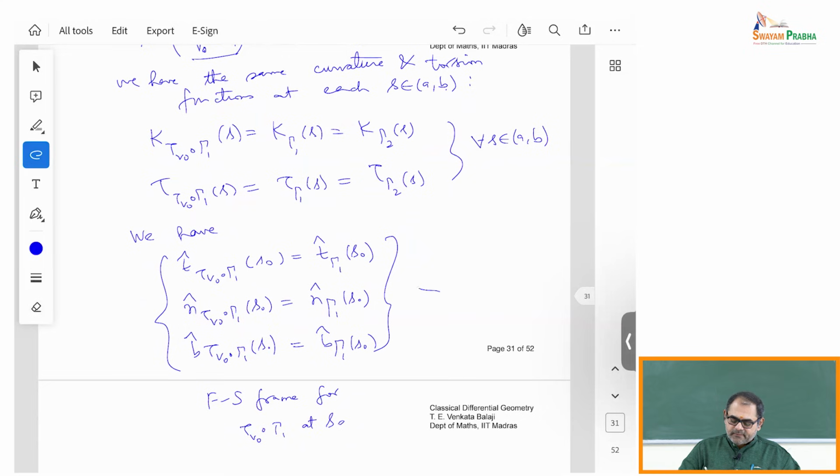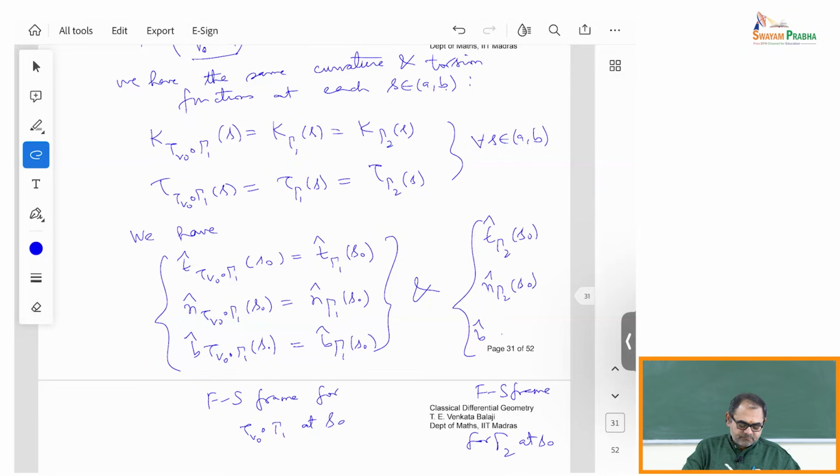Then there's this other one that corresponds to the Frenet-Serret frame for gamma 2 at s naught: t cap gamma 2 s naught, n cap gamma 2 s naught, b cap gamma 2 s naught. This is the Frenet-Serret frame for the second curve.